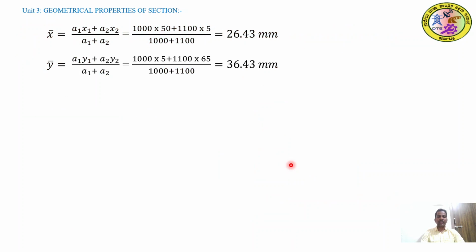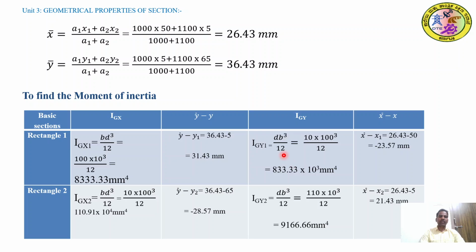Now let's find out the moment of inertia for the given L section. We need to find the moment of inertia for the first rectangle with respect to the x-x axis, that is b d cube by 12. The first rectangle width is 100 millimeter and the depth is 10 millimeter, divided by 12.